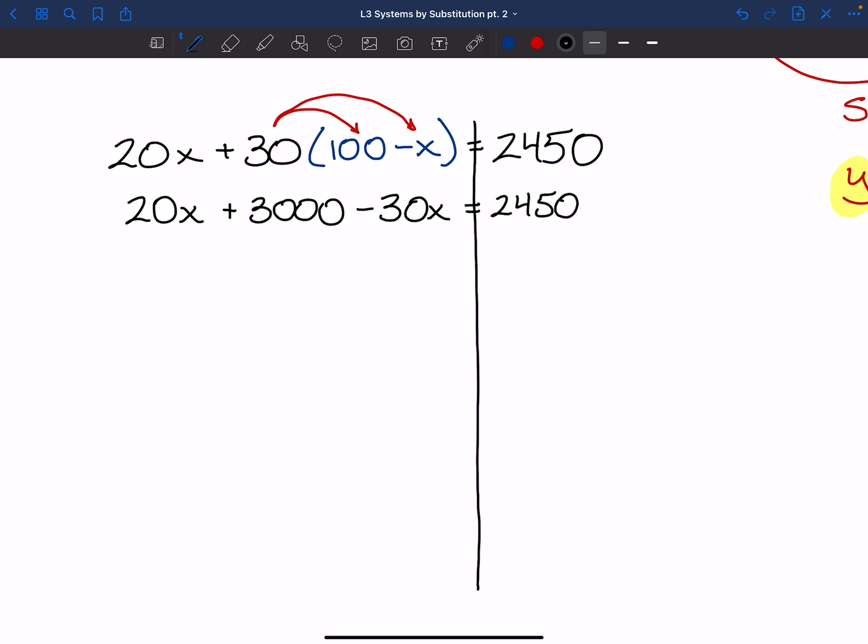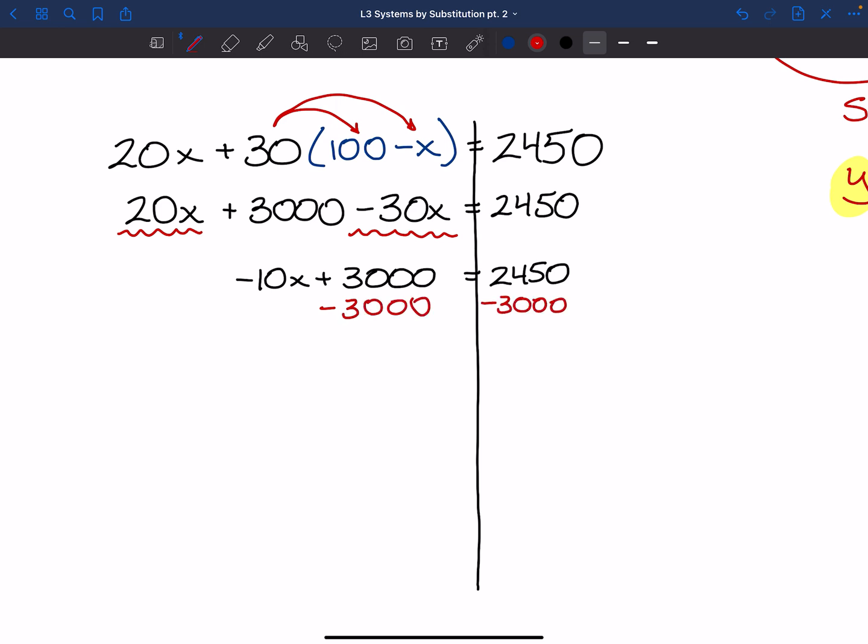All right. Same as some of the other ones we've run into, we have some like terms to combine. If I had 20x's and I take away 30x's, I'm down to negative 10x plus 3,000 equals 2450. What I need to do from here is get all those x's by themselves, so that 3,000 has got to go over to the other side.